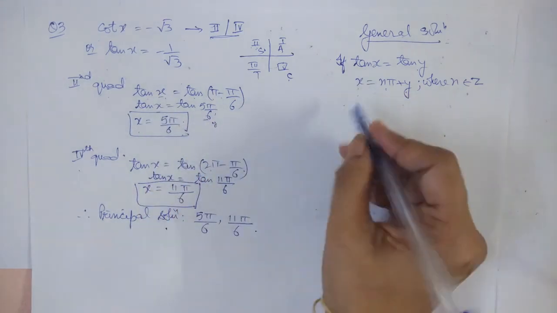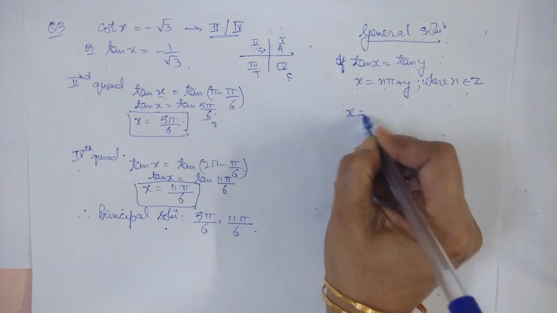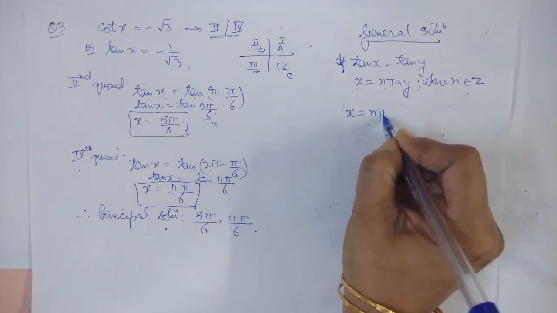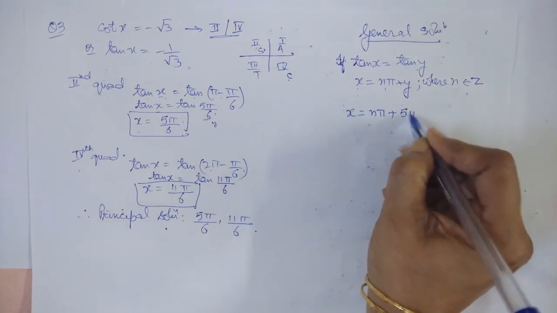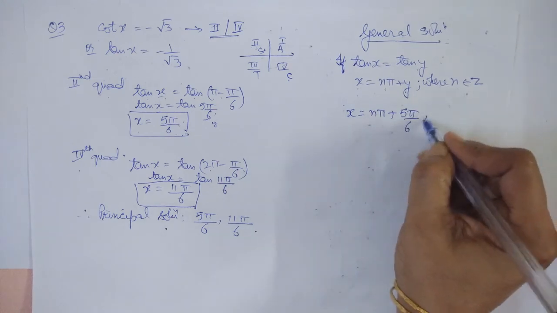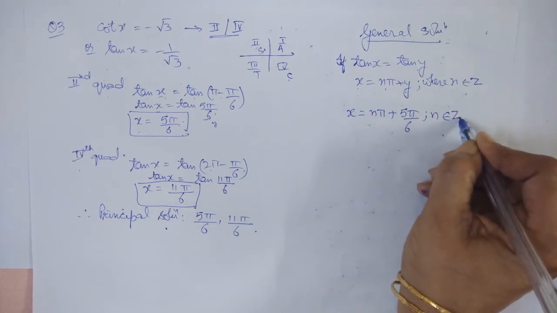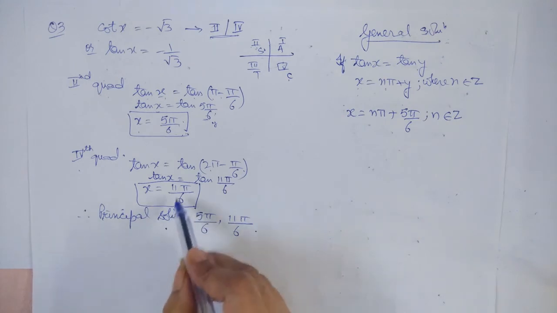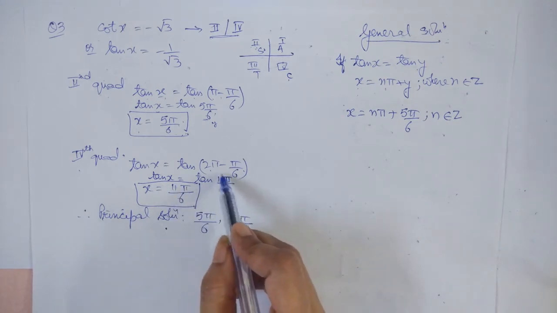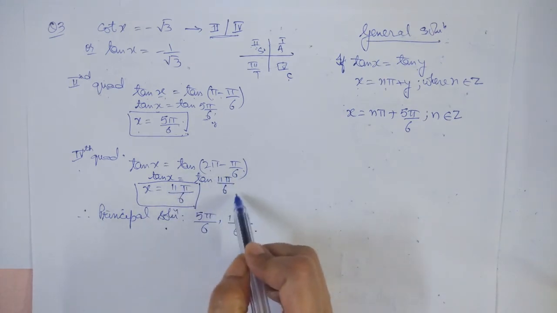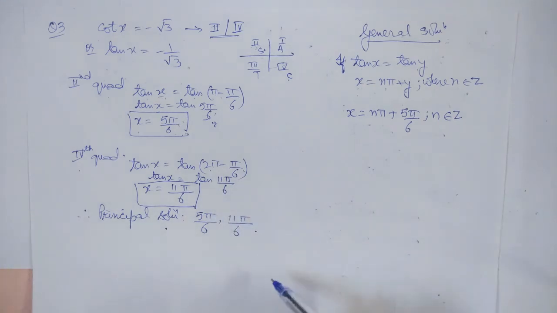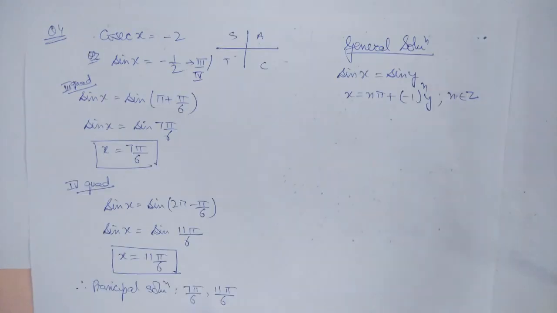So the general solution will be x equals n pi plus 5 pi by 6, where n belongs to any integer. As I have told, you can take y as 11 pi by 6 also. Then also the answer will be right.